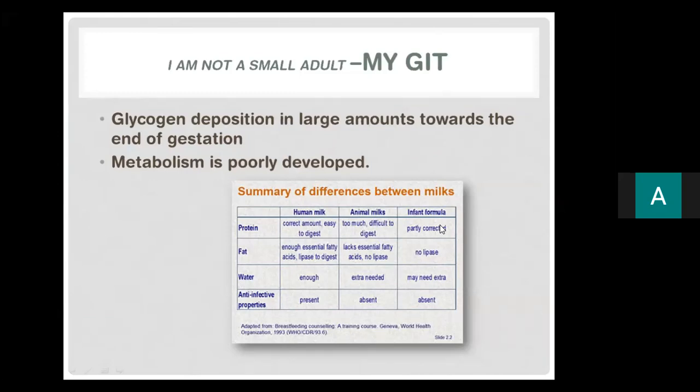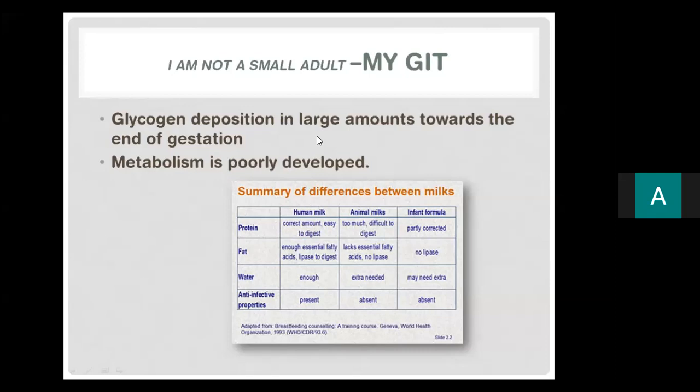Towards the end of the gestation period, usually about 34, 35, 36 weeks, they deposit glycogen, which they use. Premature babies are going to have lower levels of glycogen, and that's why they need to have dextrose.